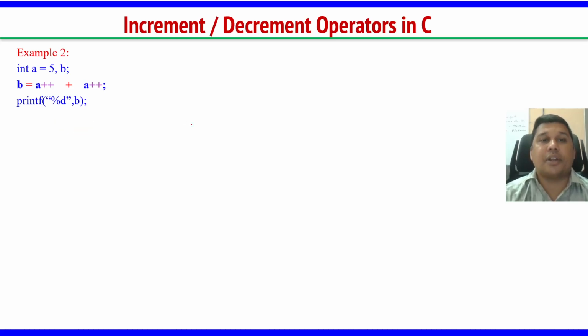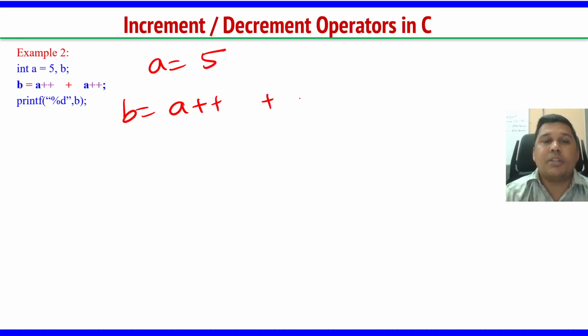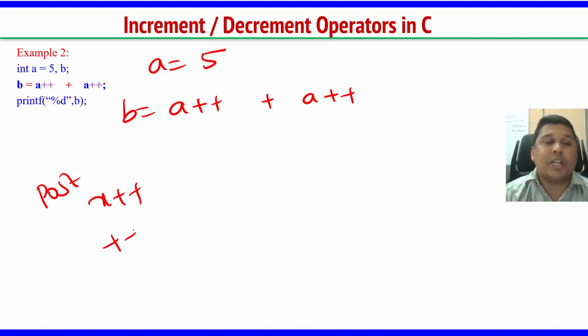Let's see another case here. Same problem. a is equal to 5, b is equal to a plus plus plus a plus plus. I said one rule that increment and decrement should be done from right to left. And among post and pre, among x plus plus and plus plus x, post increment has more priority.